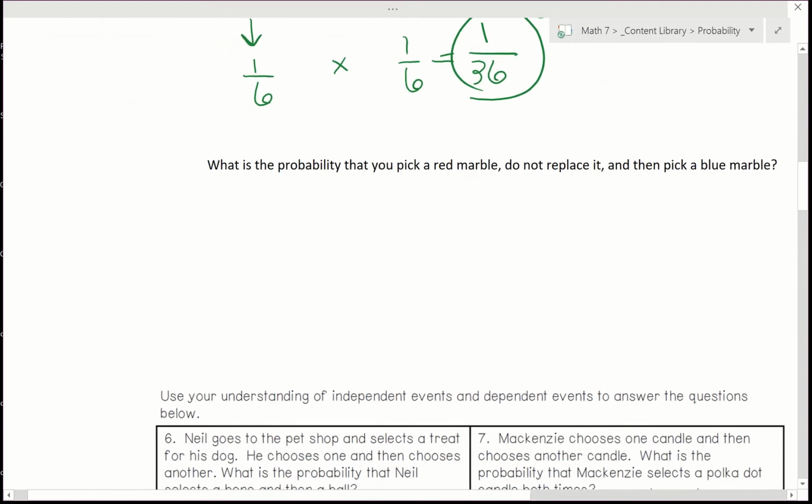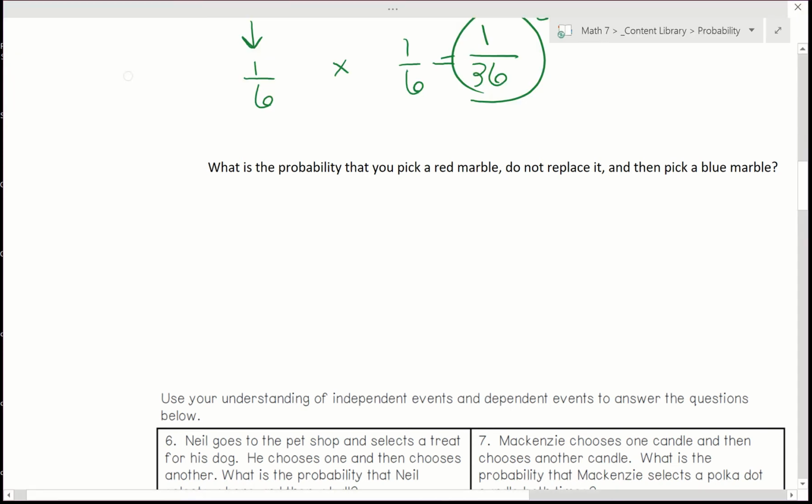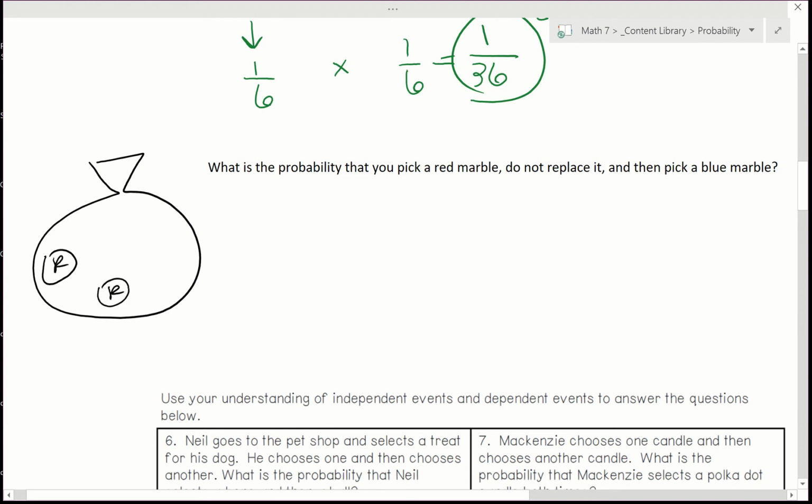Now let's look at this marble problem. What is the probability you pick a red marble, do not replace it, and then pick a blue marble? Let's draw this first. I'll have a red, red, red, a blue, blue, blue, a yellow, and a green.